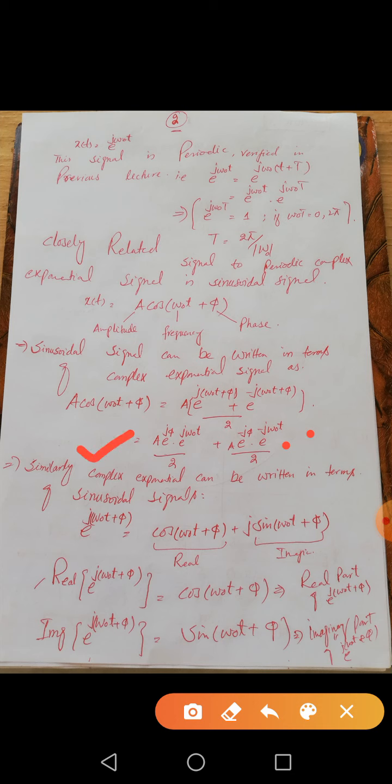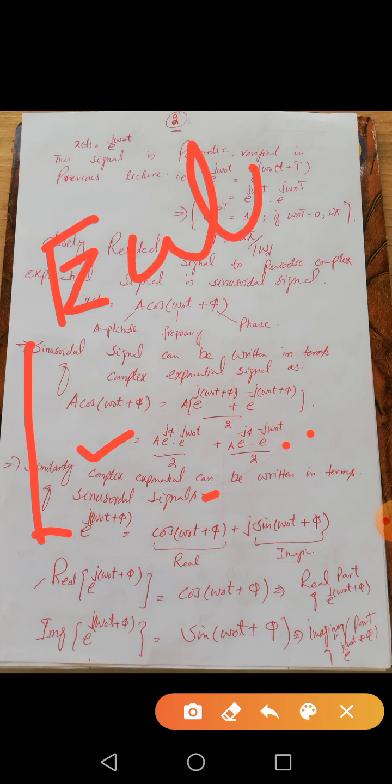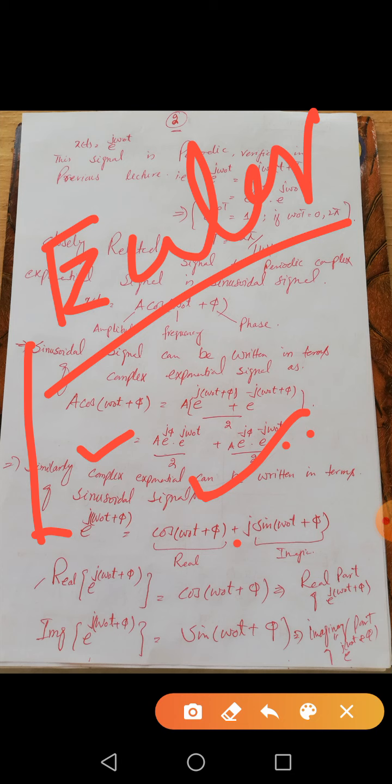Similarly, the complex exponential signal can be written in terms of sinusoidal signals. For example, e power j (omega naught t plus phi) is equal to cos (omega naught t plus phi) plus j sin (omega naught t plus phi). This is the Euler formula; you have studied it in the previous class. This is the real part and this is the imaginary part.